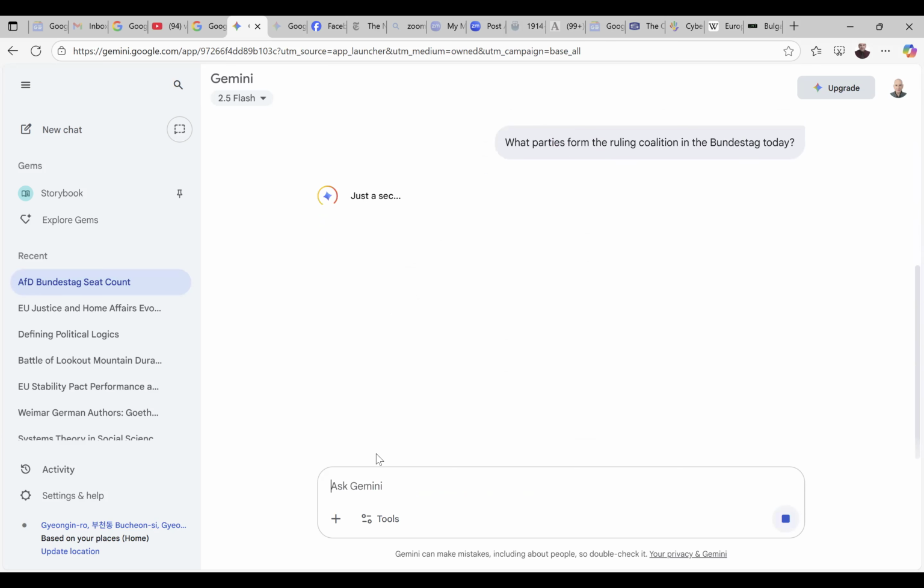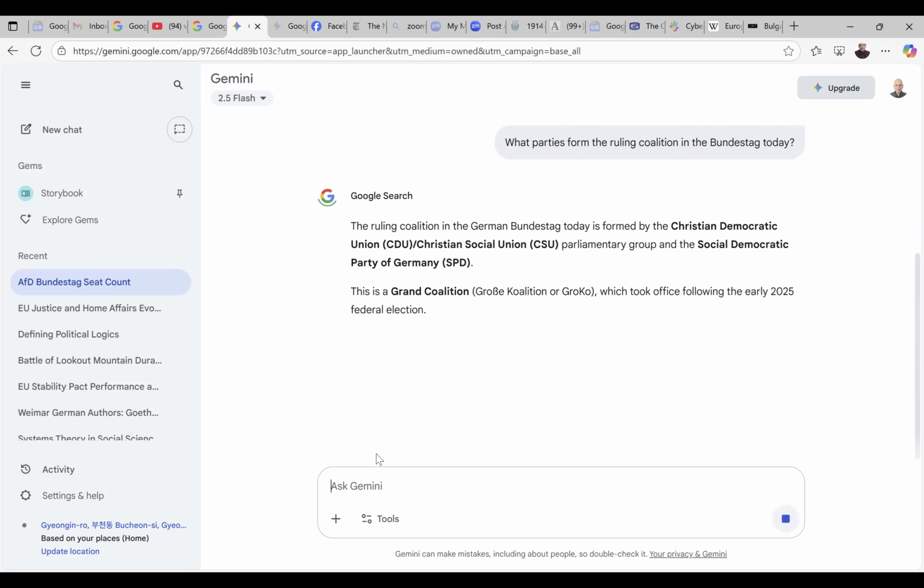And it says it's the Social Democratic Party and the Christian Democratic Party, and I think that might be it. Yeah, okay. Those two parties, together with the Christian Social Union, that's Bavaria's version of the Christian Democratic Union, formed this grand coalition.